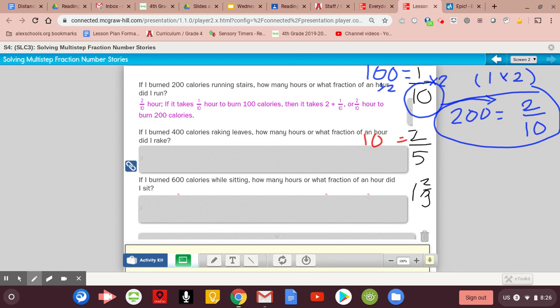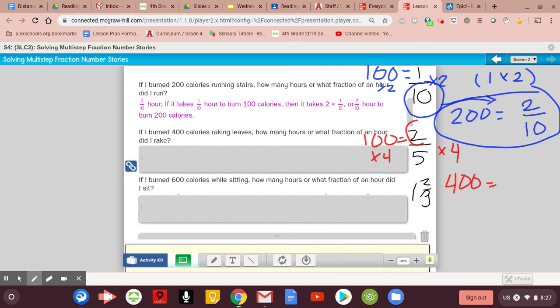So this is 100 once again, and I need to get 400. I know that 100 times 4 will get me 400. But then I also need to times 2/5 by 4. I need to do the same to both sides.